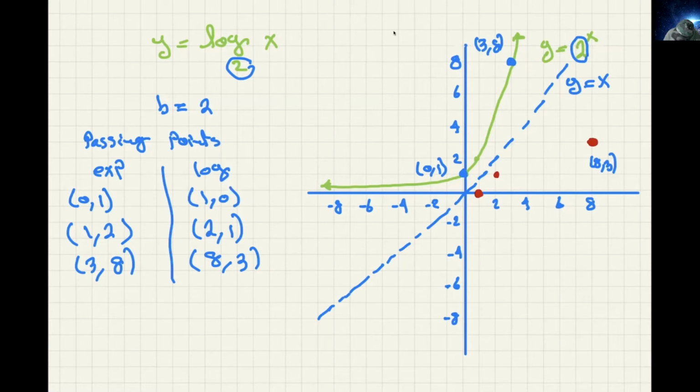So here I have -2 and 1/4, and for the log it becomes 1/4 and -2. Okay, so where is 1/4 and -2? 1/4 is here, because this is 1, so it must be here, and -2 must be here.